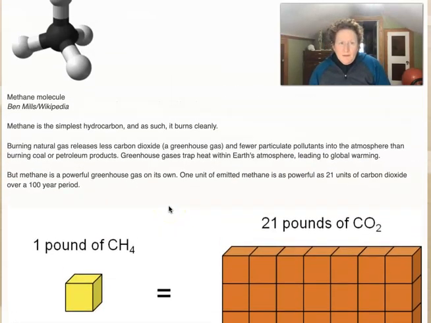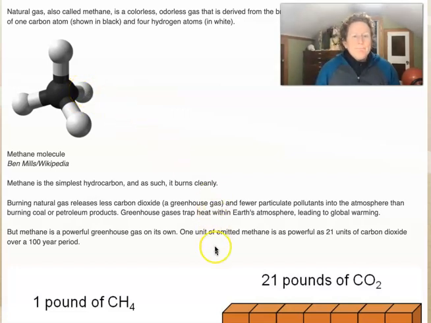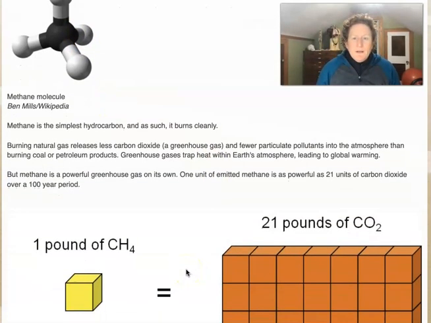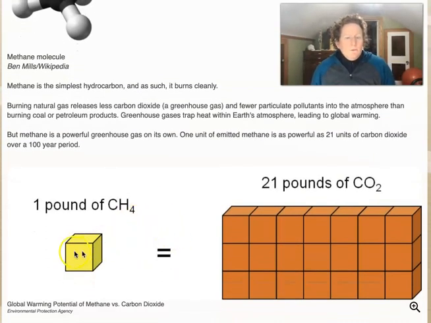But methane, and natural gas is methane, is a powerful greenhouse gas on its own. In other words, if we let natural gas or methane escape into the atmosphere, it does a lot more damage than the same amount of CO2. 1 pound of methane causes as much damage to global warming as 21 pounds of CO2.